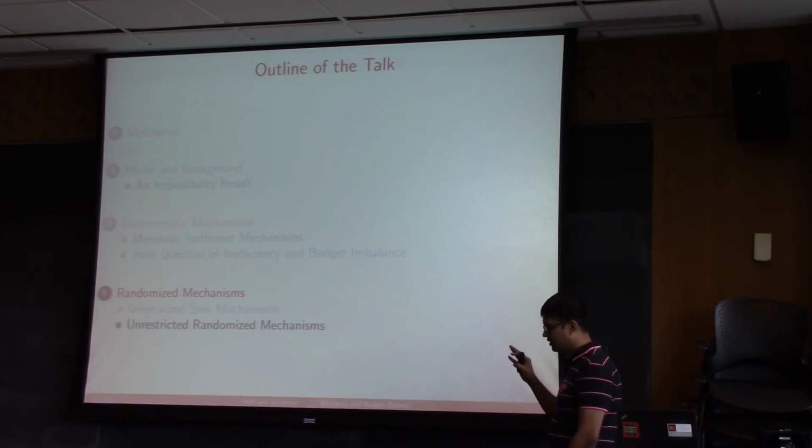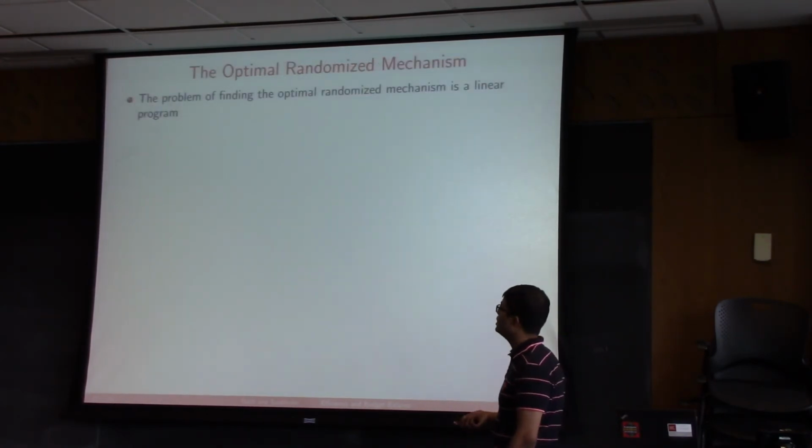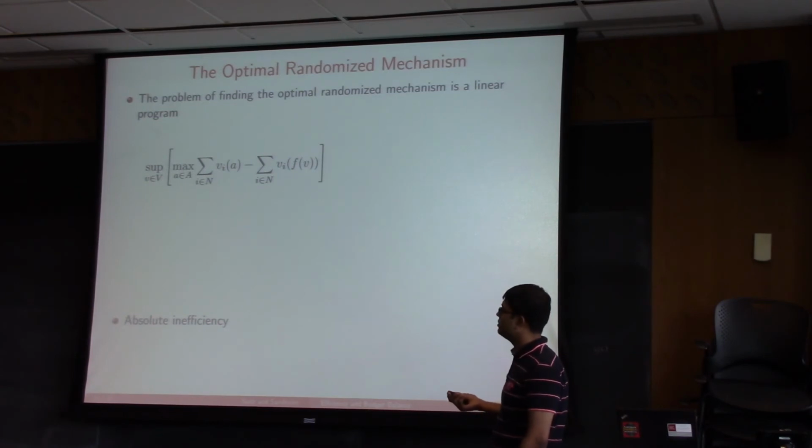Then we look at the case of 2 agents and 2 alternatives and formulate this problem as an optimization problem, where we are trying to find the optimal randomized sink mechanism. Here is how we'll write it. Our objective is to minimize the absolute inefficiency, the loss in social welfare, the maximum of that.